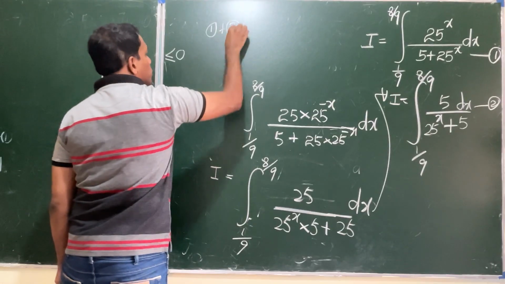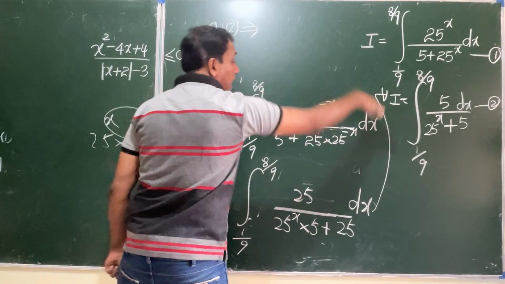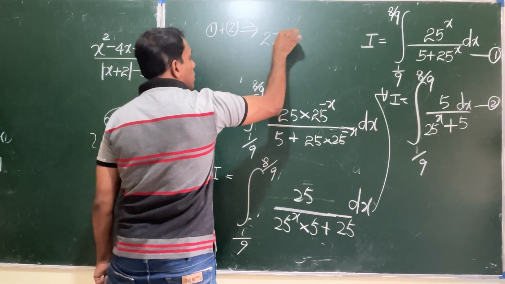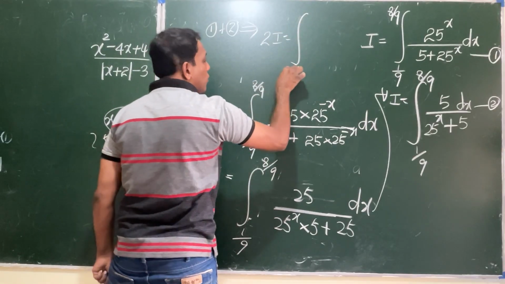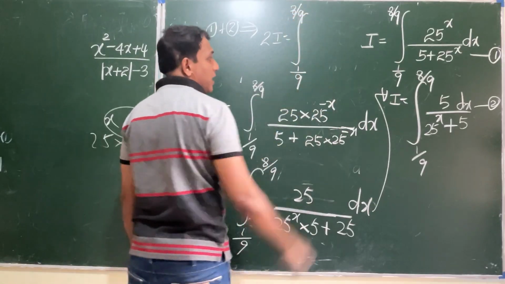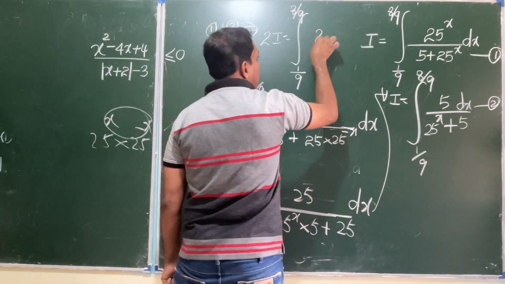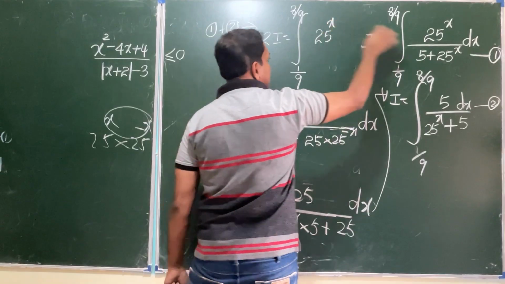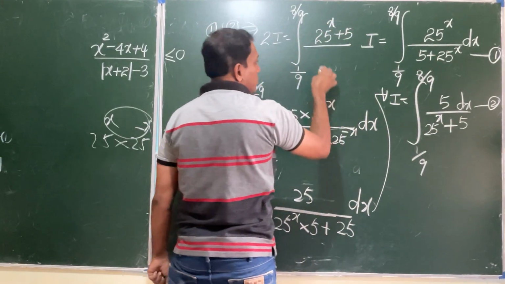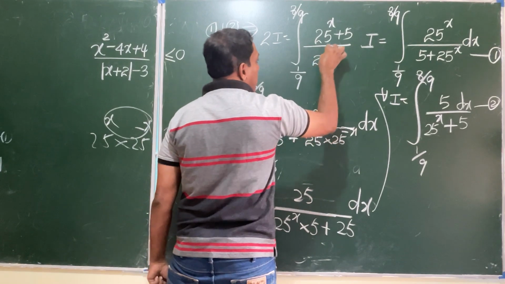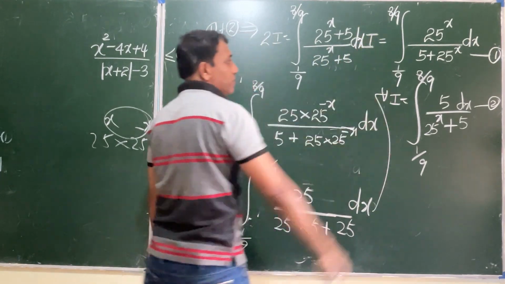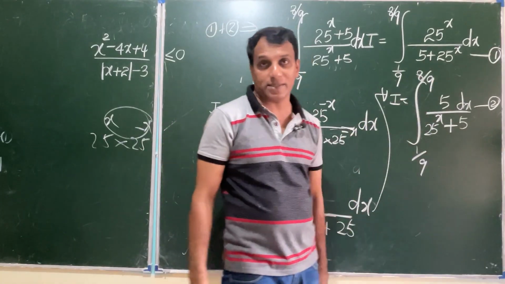Add 1 plus 2: I plus I, 2I. 2I equals the integral from 1 over 9 to 8 over 9 of 25 to the power x plus 5, over 25 power x plus 5, dx, because of the common denominator.